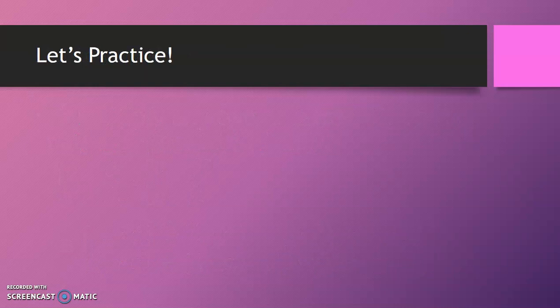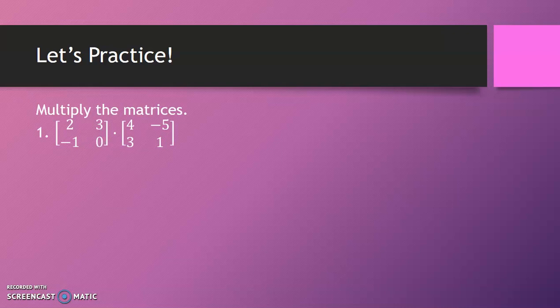So let's look at a specific example. And again, I'm going to show you some examples using the 2 by 2 matrices here. Again, we could get into bigger matrices and you would still just follow the same pattern. For this first one, I have 2, 3, negative 1, 0 for the first matrix, and I'm multiplying that by 4, negative 5, 3, 1 in the second matrix.